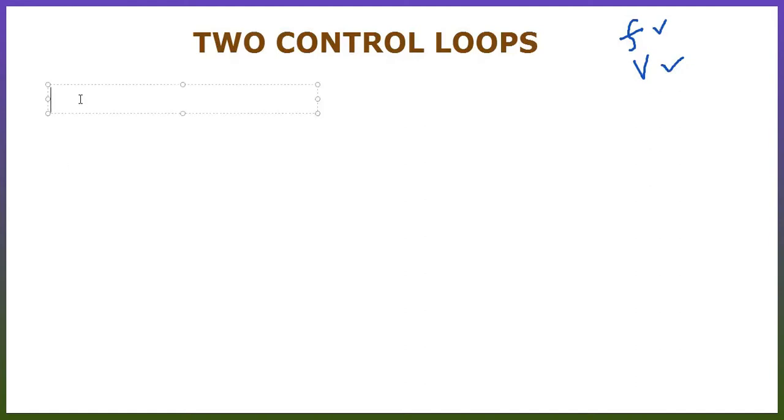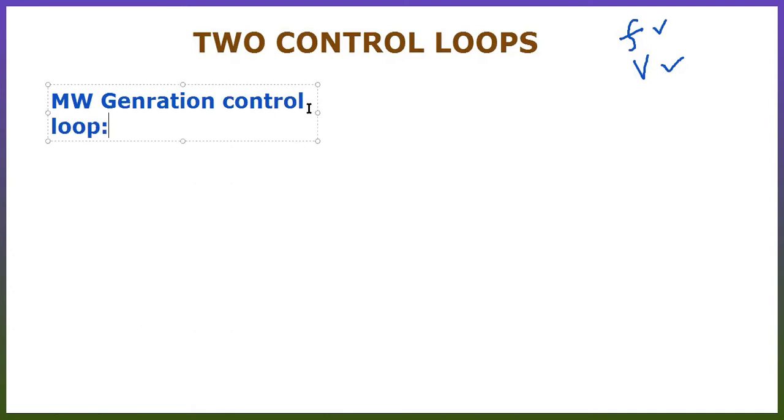The first one is the megawatt generation control loop. So what does it indicate? This generation control is a megawatt generation control. In order to control the generation, you have to control the input to the turbine.